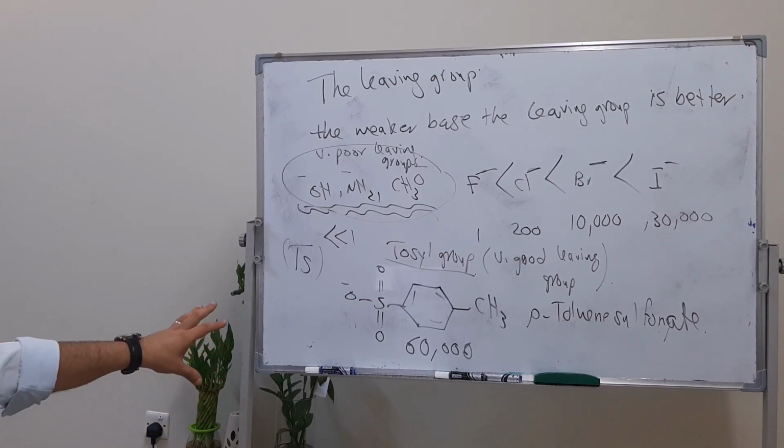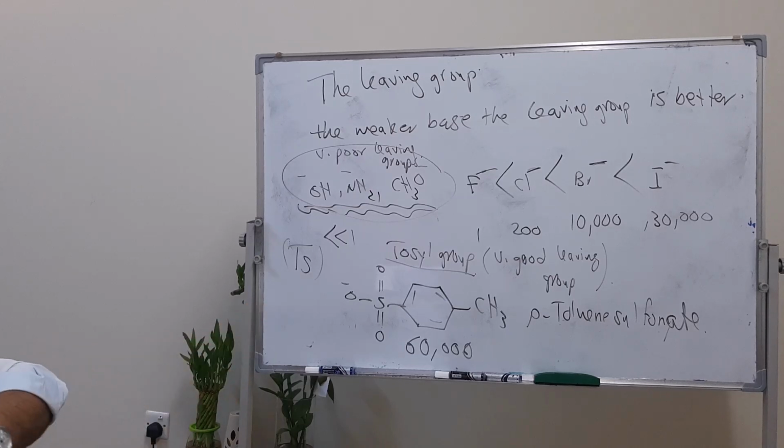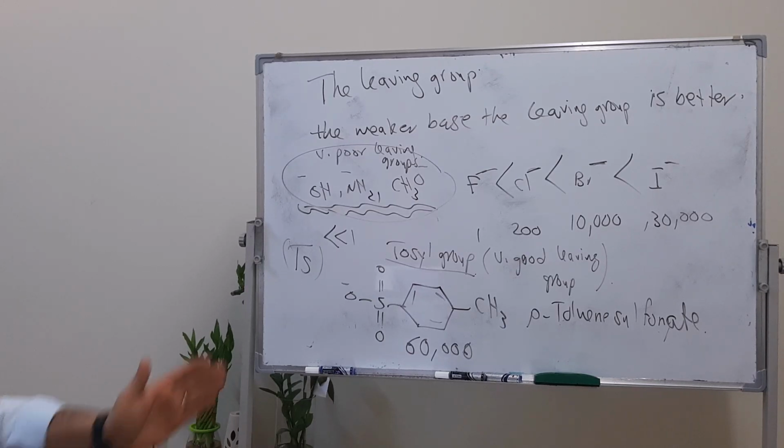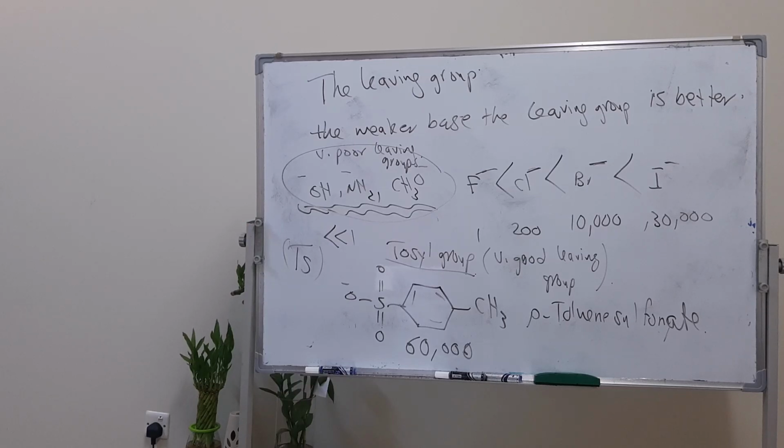In other words, if we have the tosyl group as a leaving group, and we keep all the conditions the same, we will find that the reaction with tosyl will be 60,000 times faster than the reaction with fluorine as the leaving group. Did I answer your question? The rate here is used as an indication of the preference of a reaction to go or not to go.